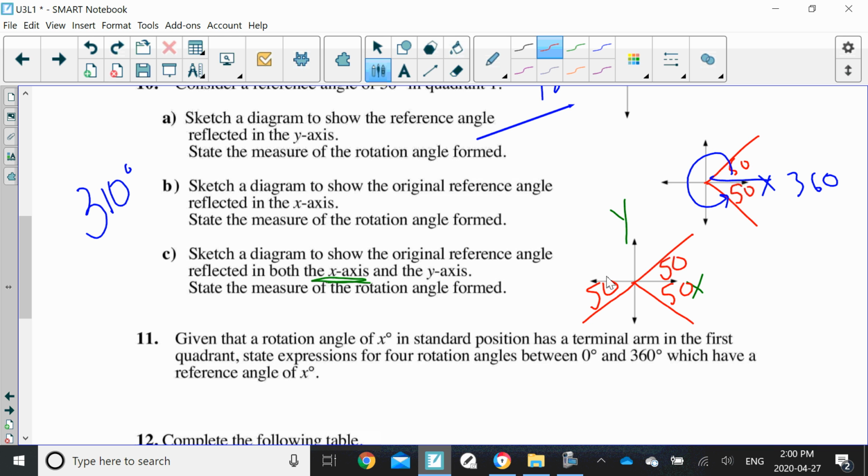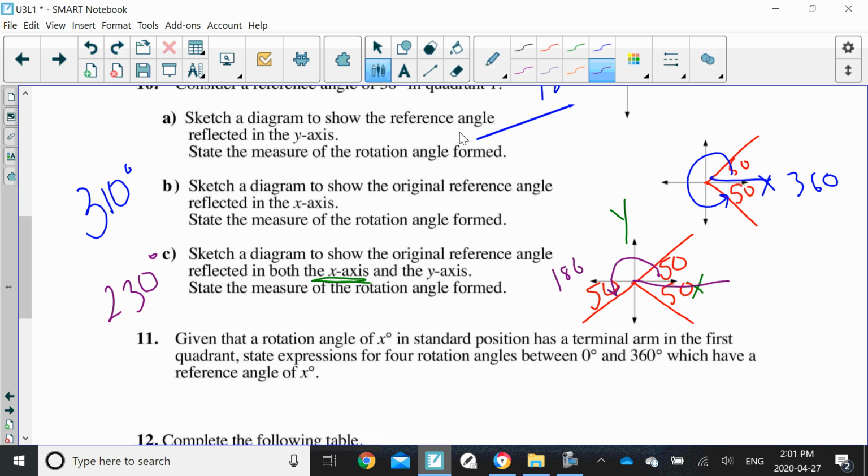And this is where my angle finishes. What would that rotation angle be? From 0, if I opened up and terminated there, it would be 180 degrees plus 50 degrees. So the answer is 230 degrees.